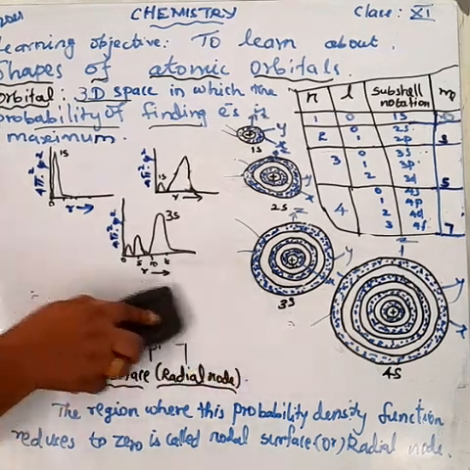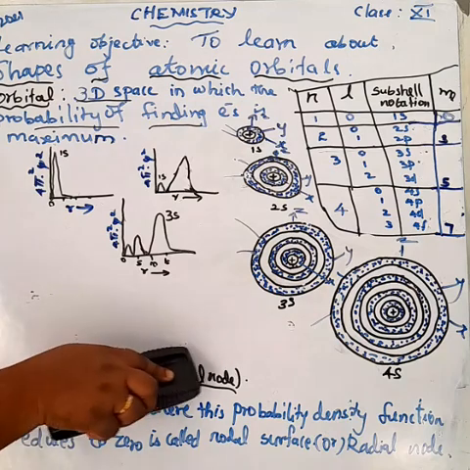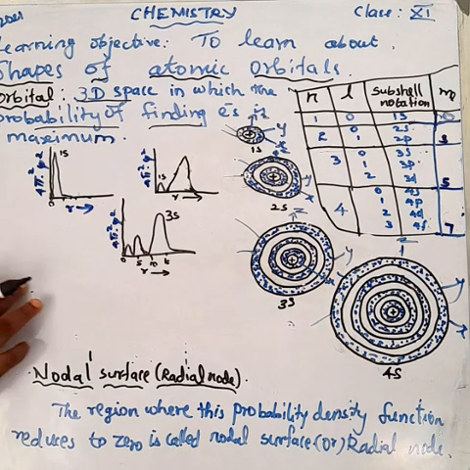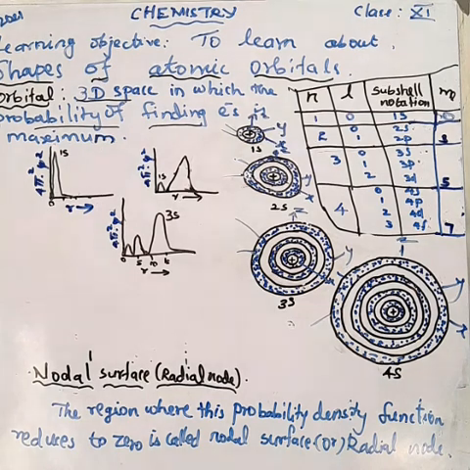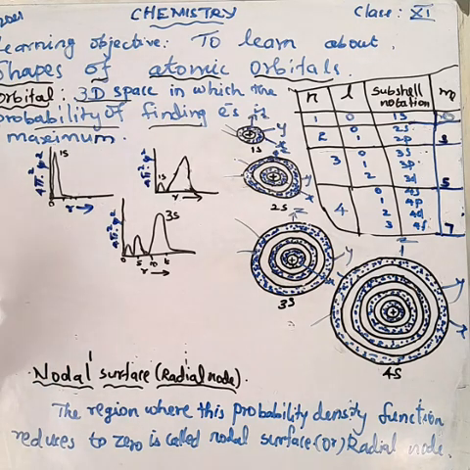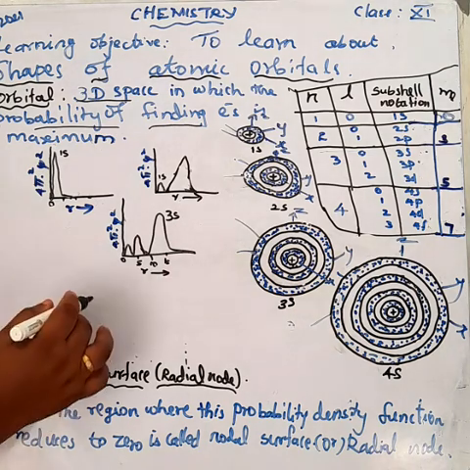A large number of orbitals are possible in an atom. These orbitals can be distinguished by their size, shape and orientation. Atomic orbitals are distinguished by the quantum numbers. Each orbital is designated by 3 quantum numbers. What are the 3 quantum numbers?